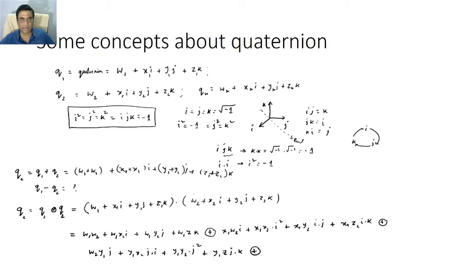And then remaining z1 k to be multiplied with this quaternion: z1 w2 k plus z1 x2 k dot i plus z1 y2 k dot j plus z1 z2 k square.